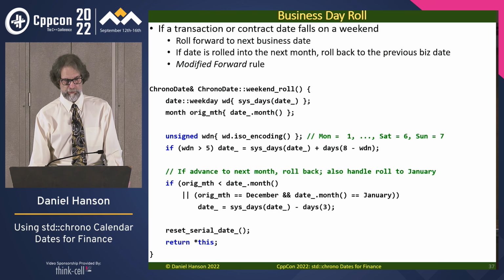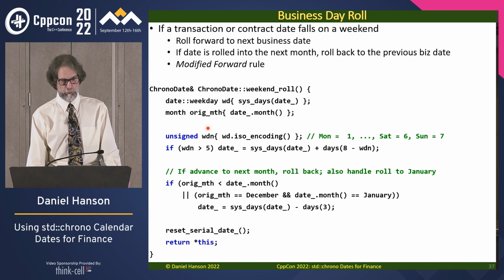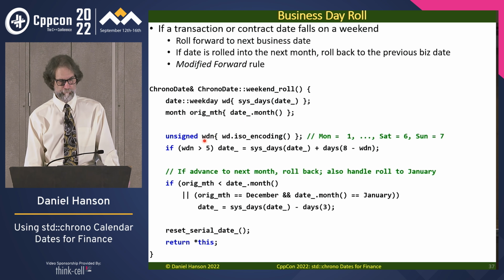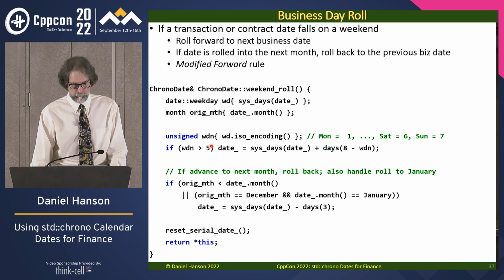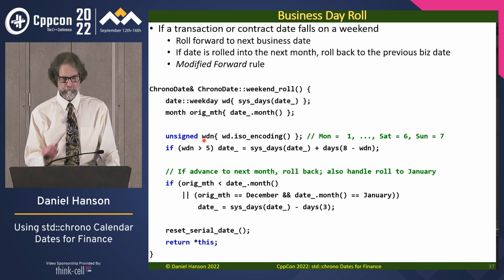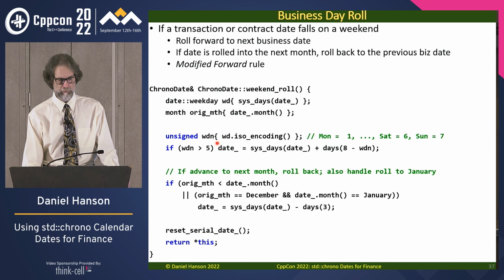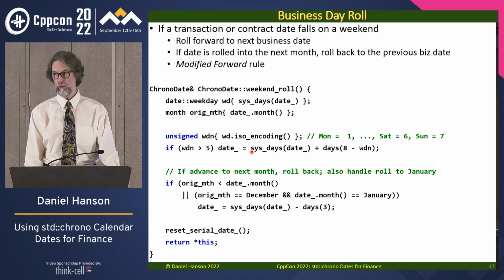So we create a weekday object called WDN. I'm sorry, we have that up here. We can get the day code by calling this function on the weekday class called ISO encoding. And it will return an integer value corresponding to day of the week. And that goes from Monday equals 1 through Sunday equals 7.